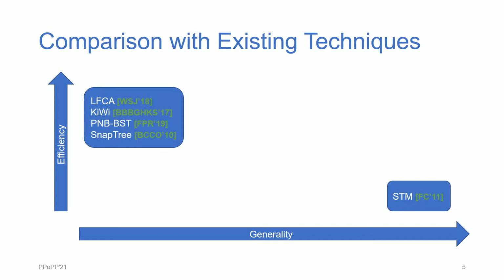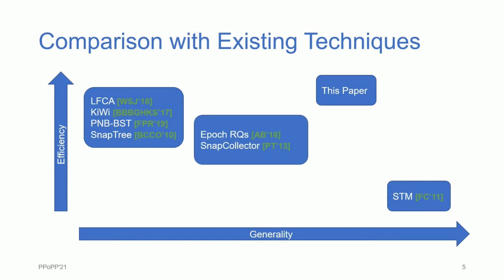But they are often not as efficient as hand-designed data structures. Our technique is not as general as software transactional memory, but we found that it overall outperforms state-of-the-art specially designed data structures. There has also been some work on other general techniques for range queries and iterators, but these are slower and more restrictive compared to our approach.